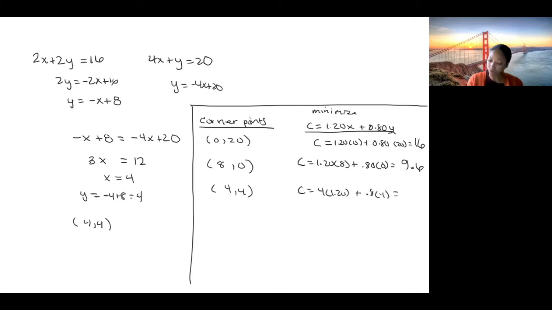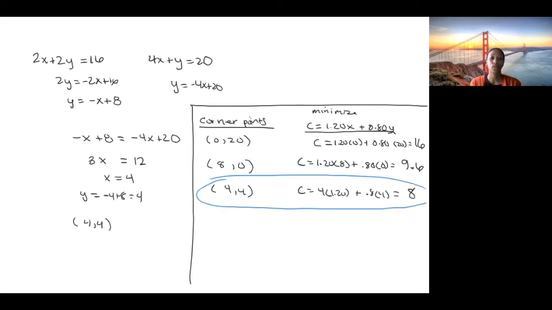Sorry, I wrote it backwards for the other one, but that's okay. 1.20 times 4 is 4.8. And then 0.8 times 4 is 3.2. Adding those together, we get 8. So our goal was to minimize the cost function. When we look at this, we see the minimum cost occurs here when x and y are 4.